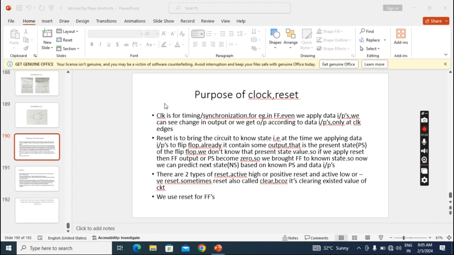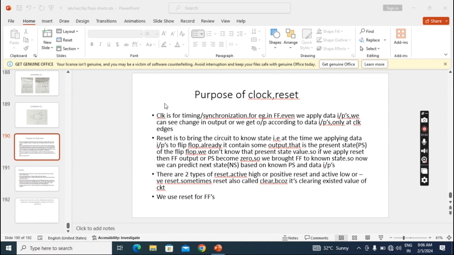At the time of applying data input, that flip-flop already contains some output. That is called the present state. I don't know what that existing output is. So I want to bring that present state into a known state. If I apply reset, that present state will become 0. Okay, it will become a known present state.